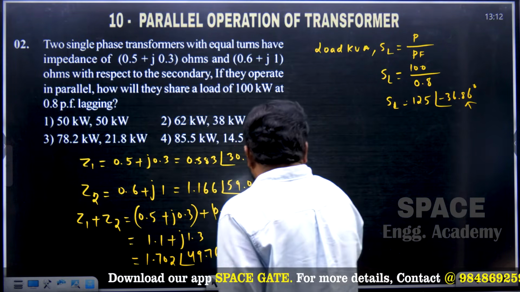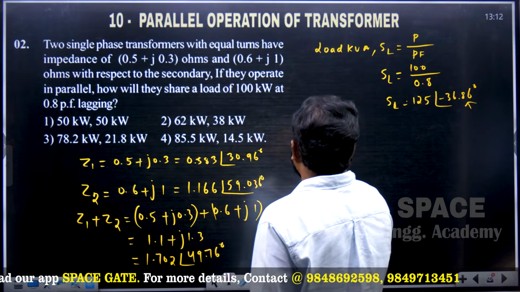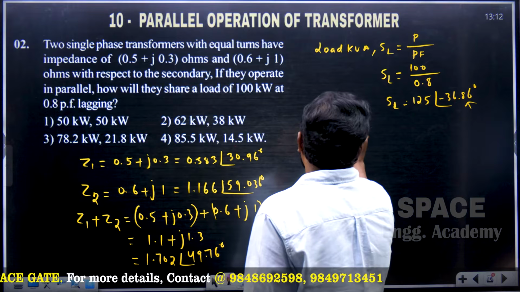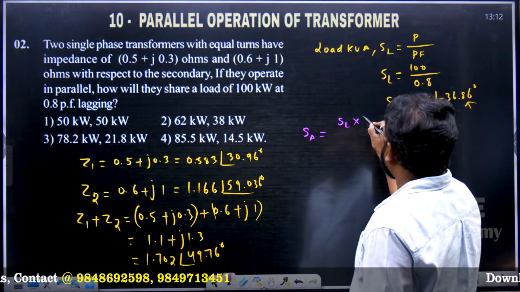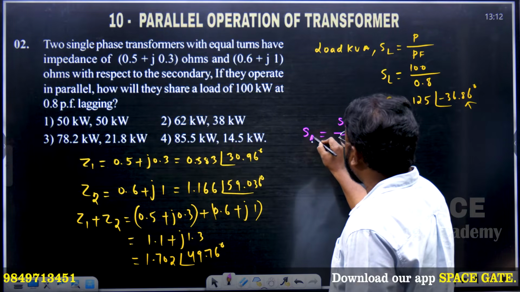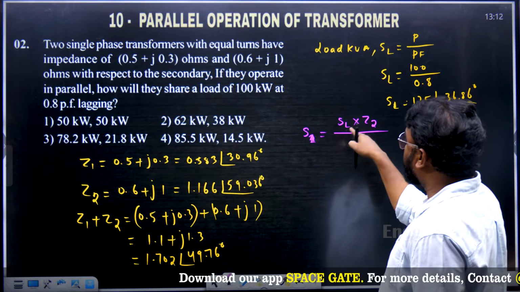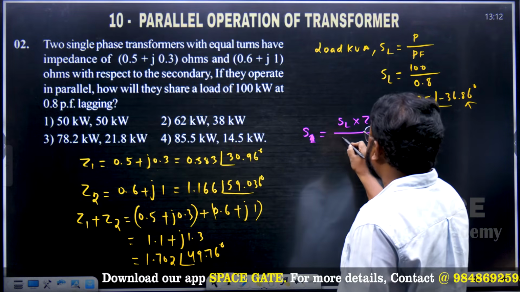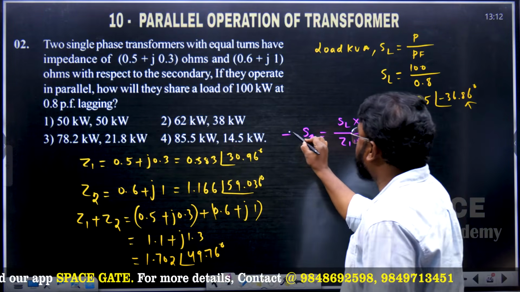And this is the apparent power shared by transformer 1, which I have taken as S1. S1 is equal to the load kVA SL multiplied by Z2 divided by Z1 plus Z2.